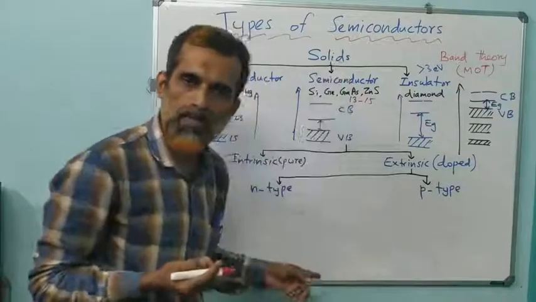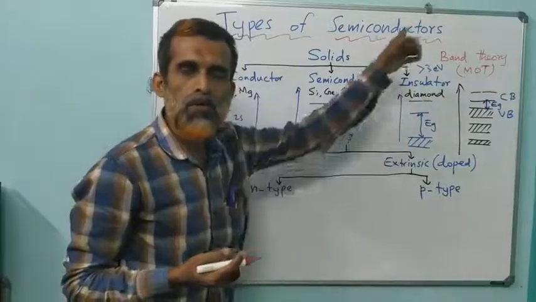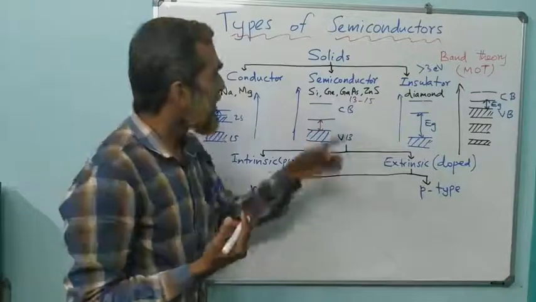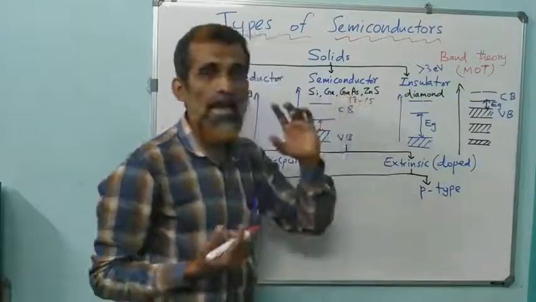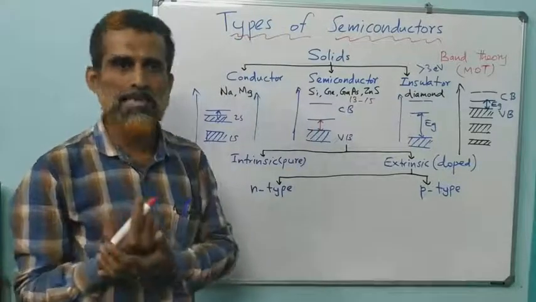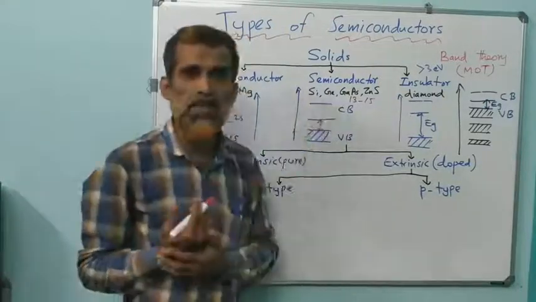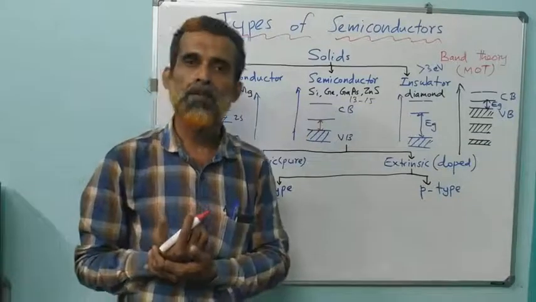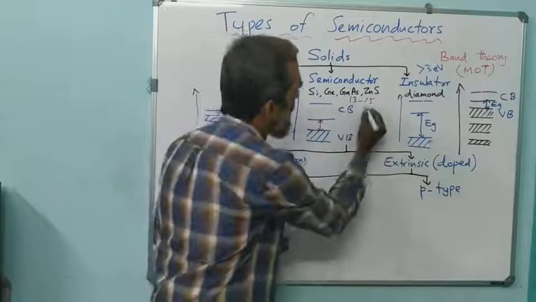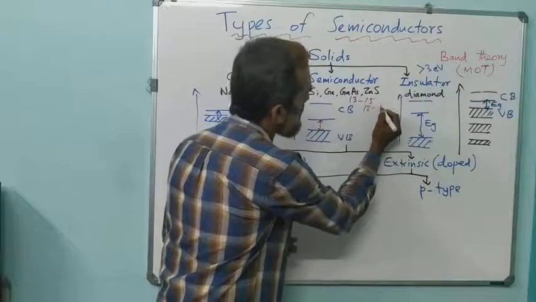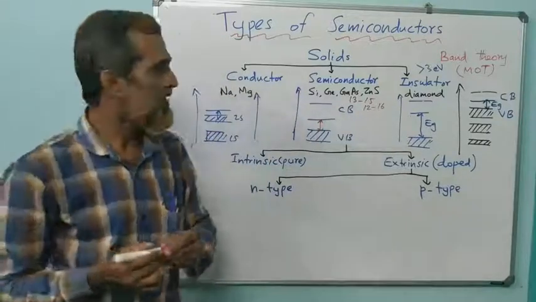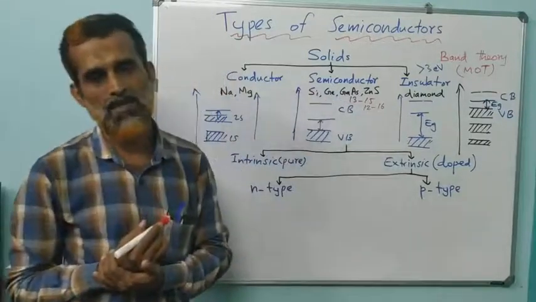Gallium comes in group 13, arsenic comes in group 15. So 13 plus 15 averages to 14. So these have an average valence of 4, and they have a crystalline structure similar to silicon and germanium, and they show similar semiconductor properties. Zinc sulfide is a 12-16 compound, zinc in group 12 and sulfur in group 16, average of 14.